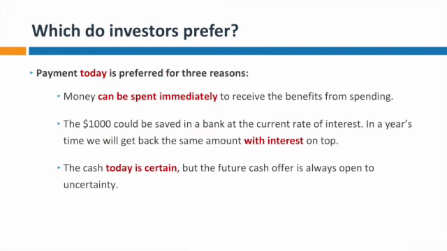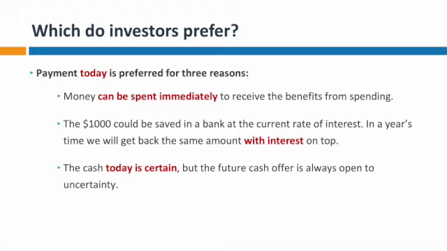For you, what I would like you to take out from this last part is that payment today is always preferred for 3 reasons. First of all, money can be spent immediately to receive the benefits from spending it. The $1,000 could be saved in a bank at the current rate of interest, and in a year's time we will get back the same amount with interest on top.